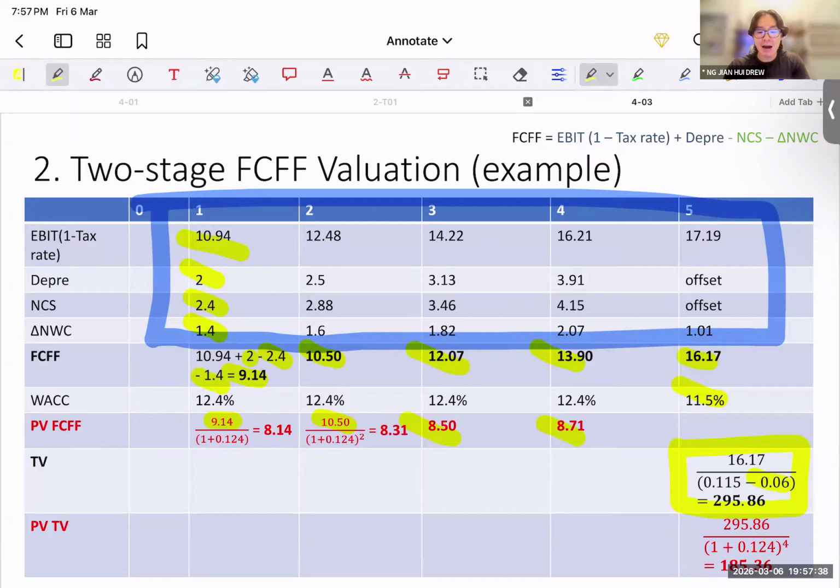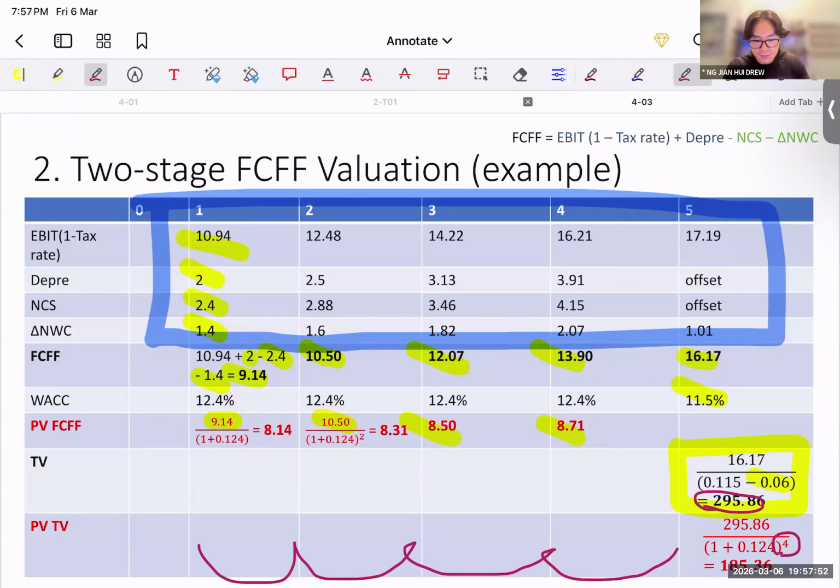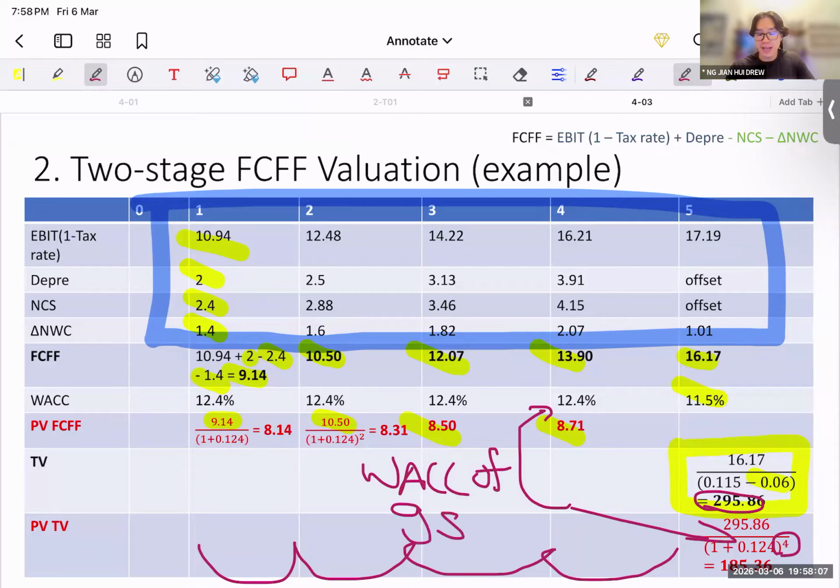The last step is that I will need to present value the terminal value, meaning I'm going to discount this value back 4 years. Be very careful that you must use the WACC of 12.4%, which is the WACC of GS, the growth supernormal stage.